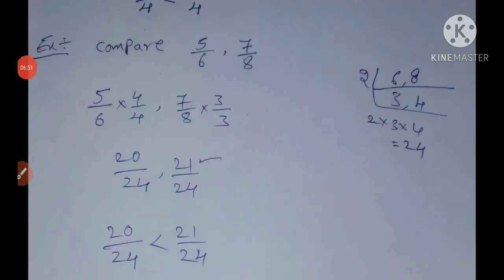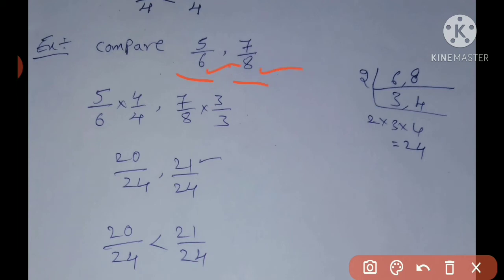Compare 5 by 6, comma, 7 by 8. Here also observe that these two are unlike fractions. First of all, to compare unlike fractions we need to make them like fractions. For that we need to take the LCM of 6 as well as 8. Here I did the LCM.